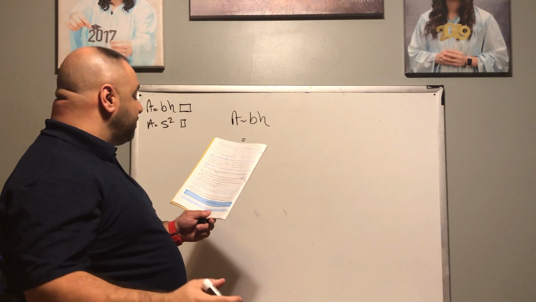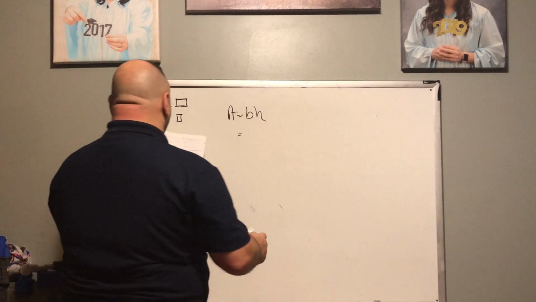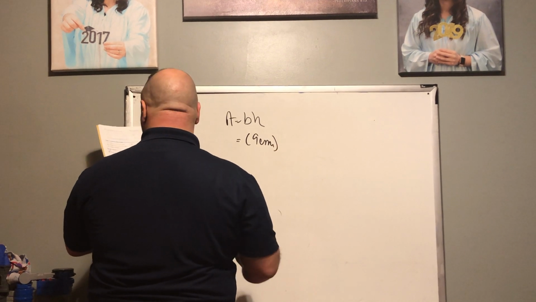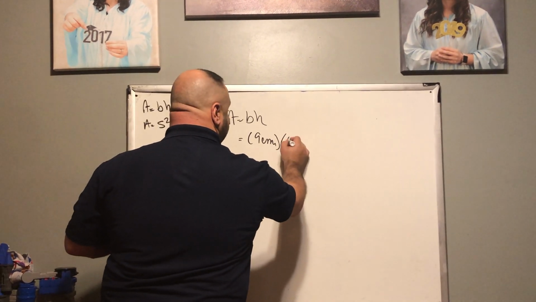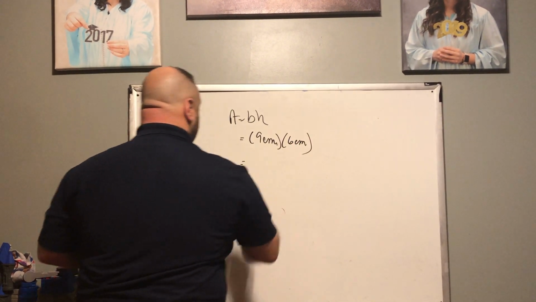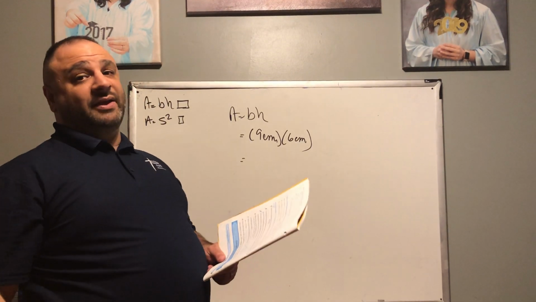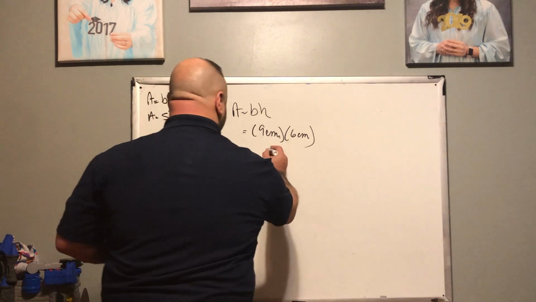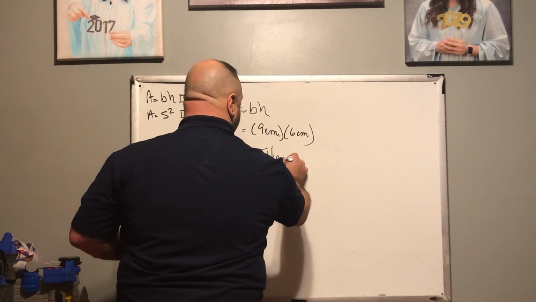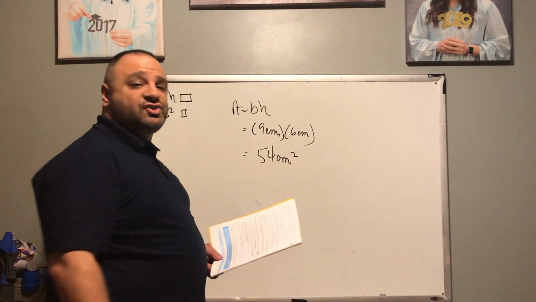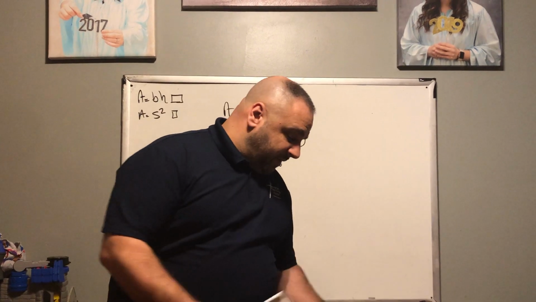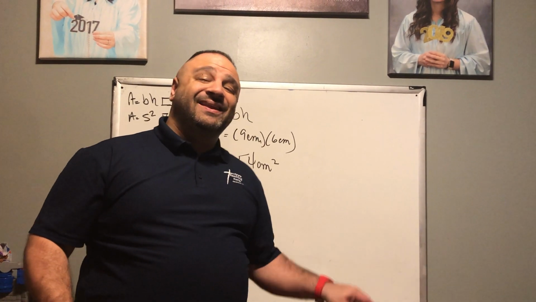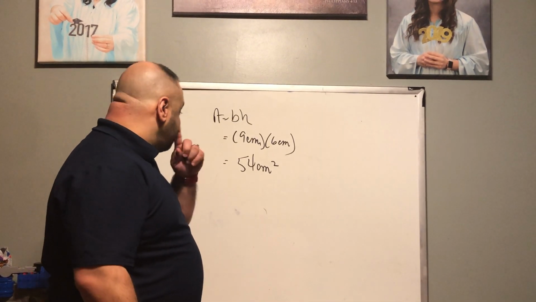So just want to plug and chug here. So the base is 9 centimeters. The height, altitude, is 6 centimeters. Simply, hopefully you don't need a calculator. Do 9 times 6. We have 54 centimeters squared. Be careful with your units, making sure that you're putting your units in the answer, right? So they are square units.